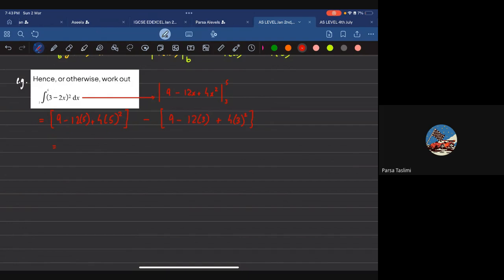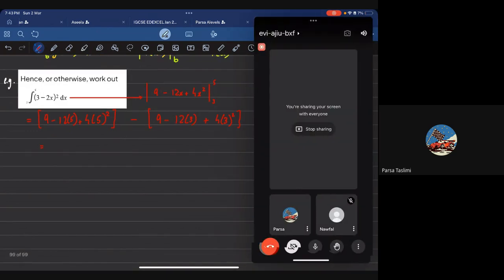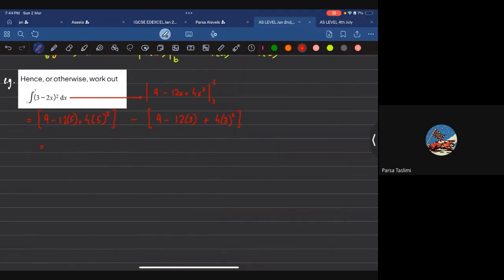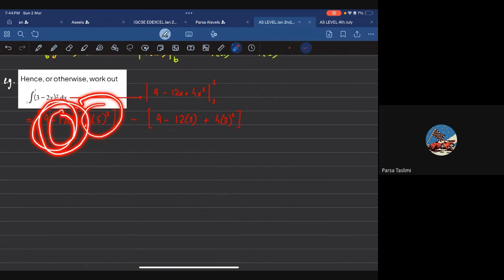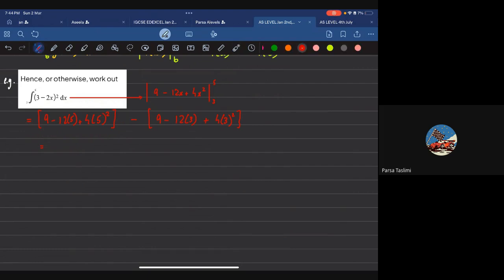Come on. It's supposed to be like 100 plus minus 60, 49. Is this bracket coming up to be 49 minus this guy, whatever this is coming as?